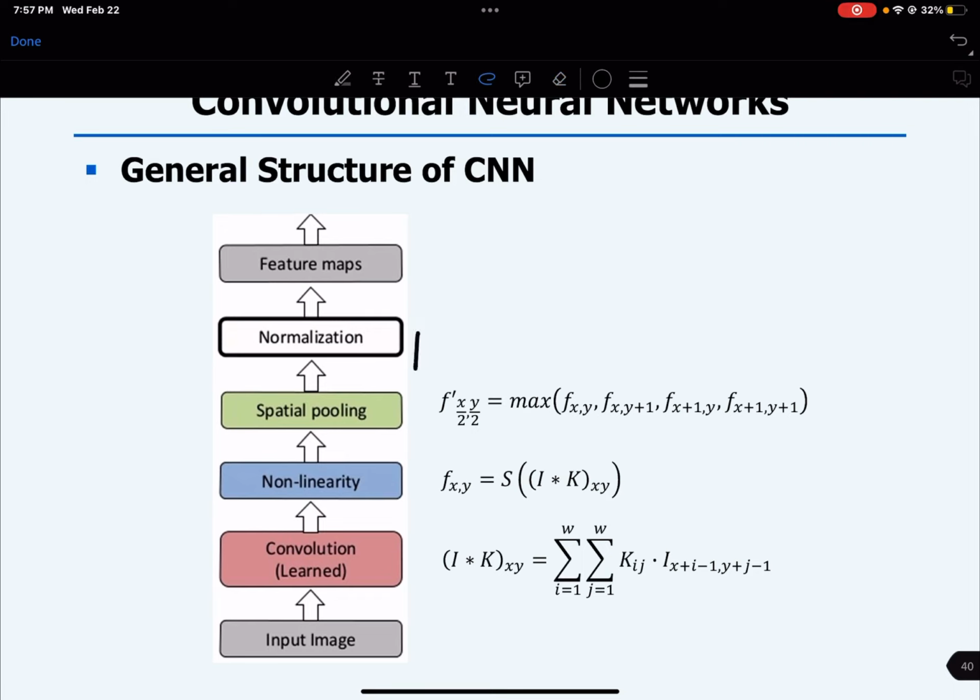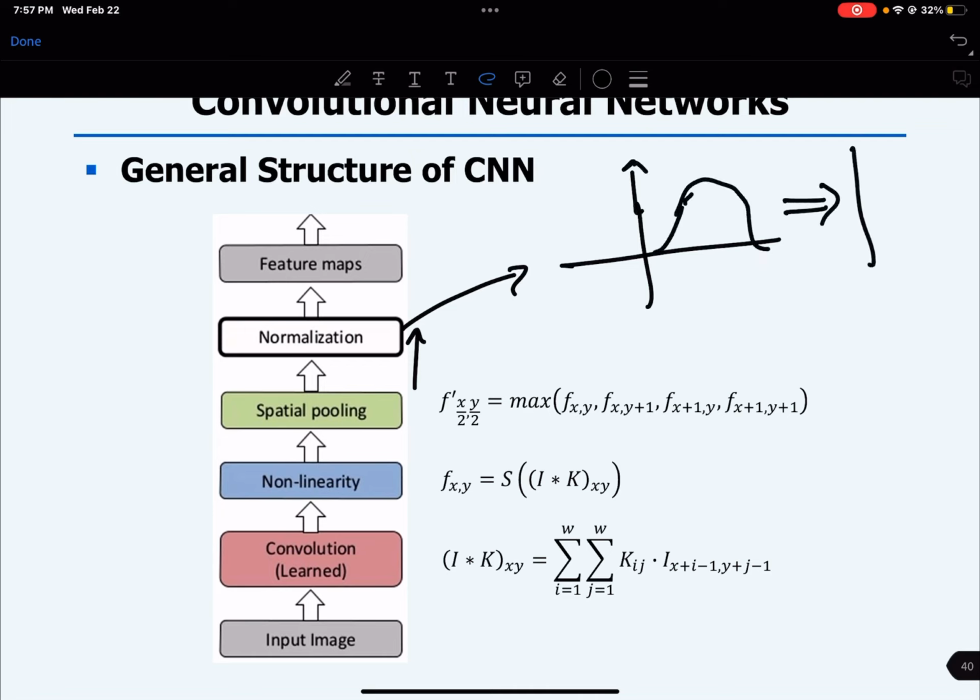And then you do the normalization. We studied the normalization concept before, where we are trying to remove the distortion and get better classification results using the normalization factor.